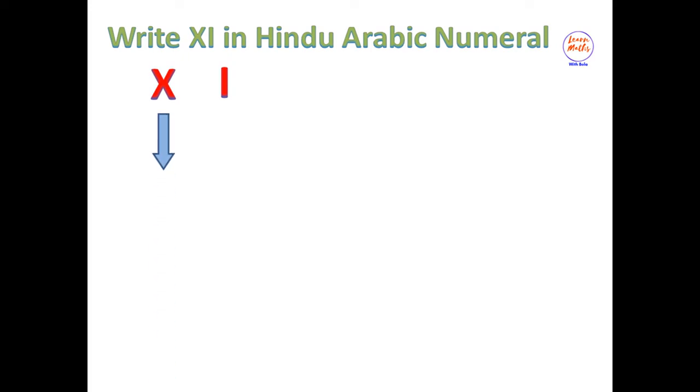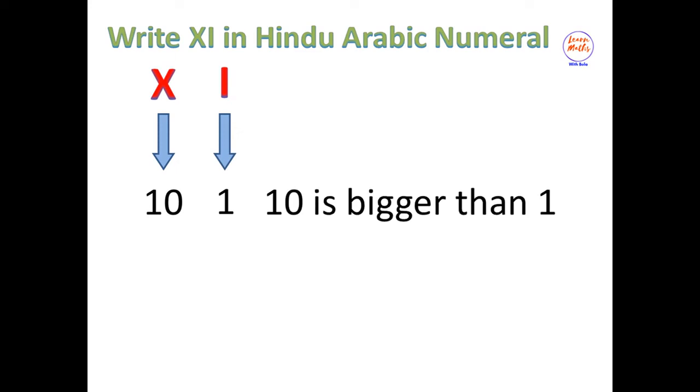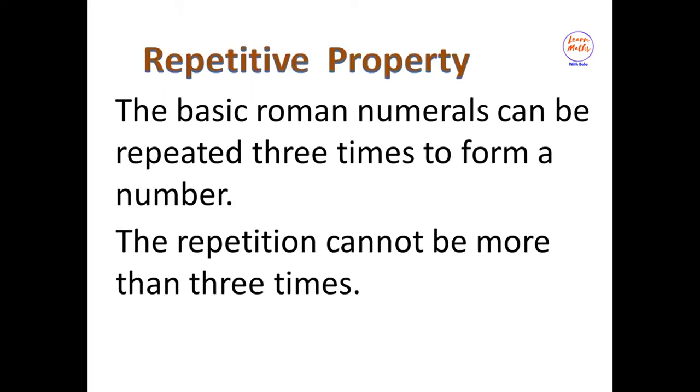So X is 10, I is 1. So 10 is bigger than 1. So XI will be equal to 10 plus 1, and that is what? 11. Good. So very simple and straightforward.